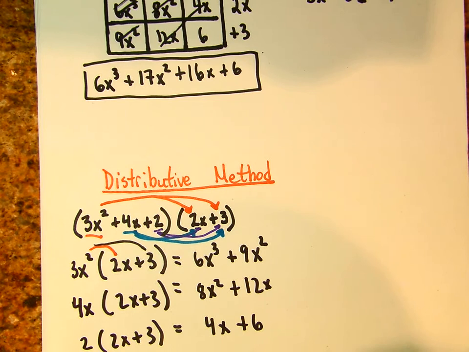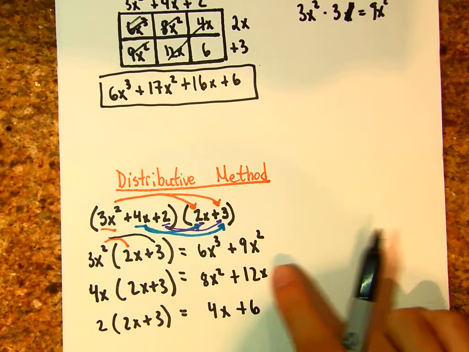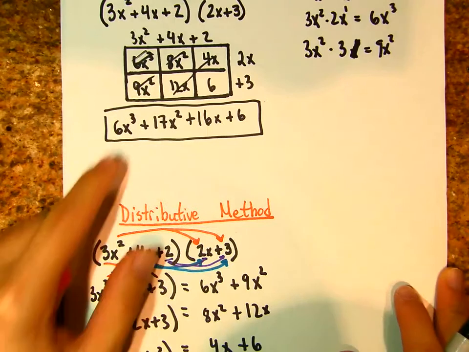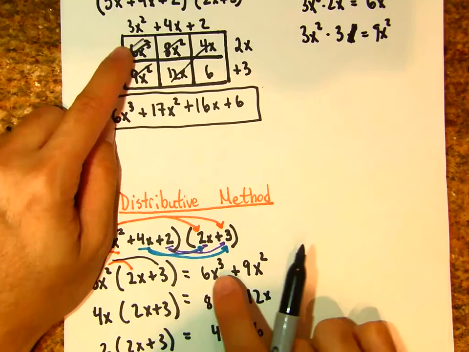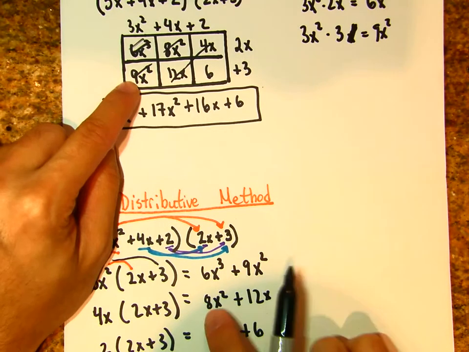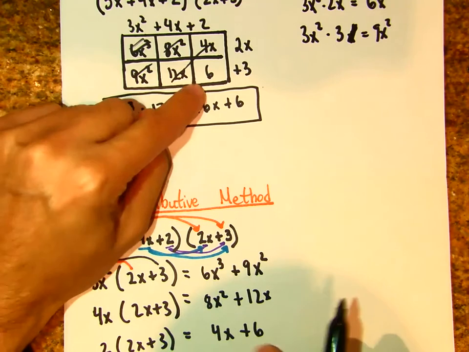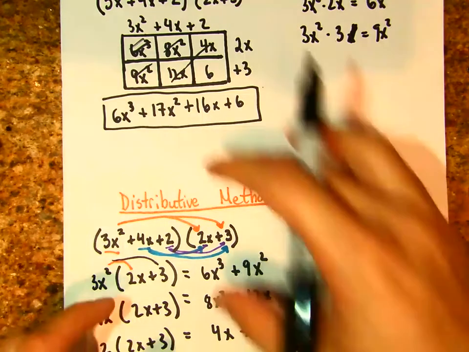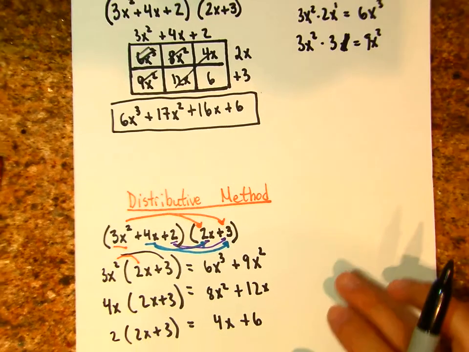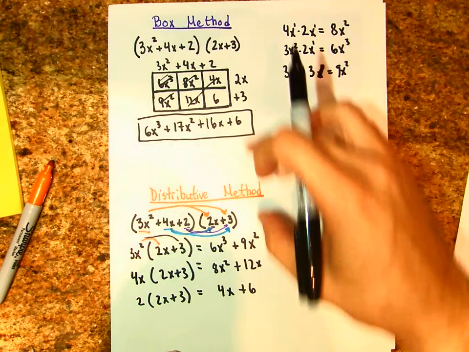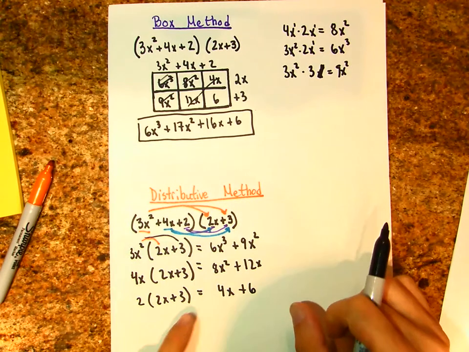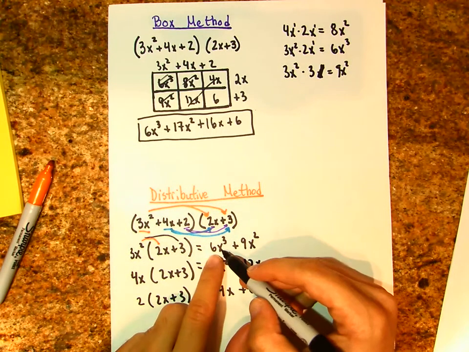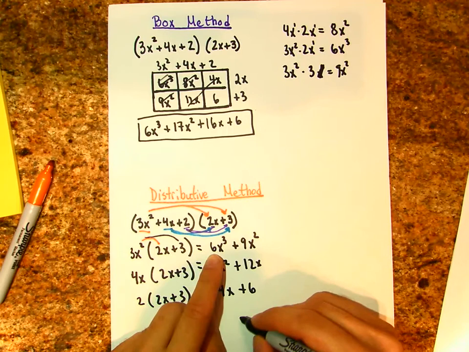And notice that we generally just got the same exact things that we got using the box method. Like these values, this 6x cubed is here, the 9x squared is here, the 8x squared, the 12x, the 4x, and the 6. It doesn't matter which method you use, you're still going to get the same values that you're going to have to combine, right? So again, this combines with what? Nothing. So I just have this.